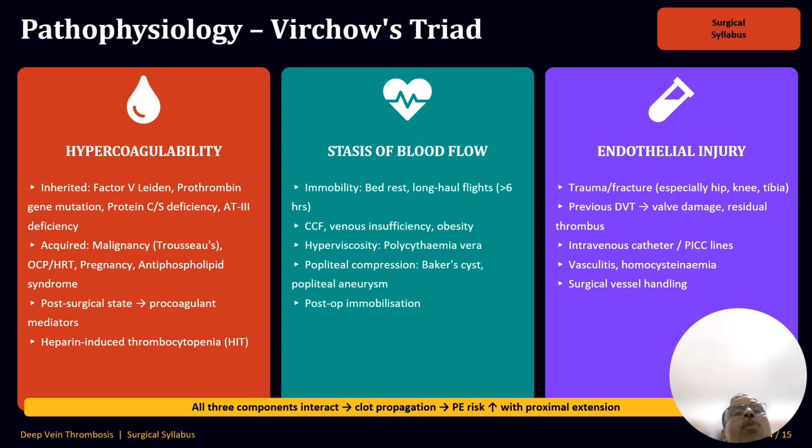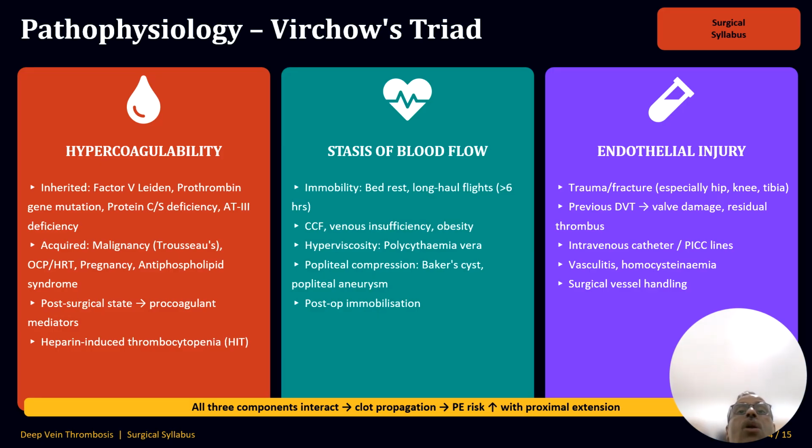The second component of Virchow's triad is stasis of blood flow. Now, this stasis of blood flow can occur because of prolonged immobility, like prolonged bed rest, say post surgery, or even patients who are bedridden because of certain conditions.